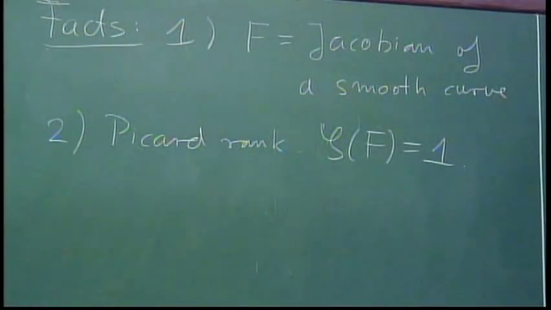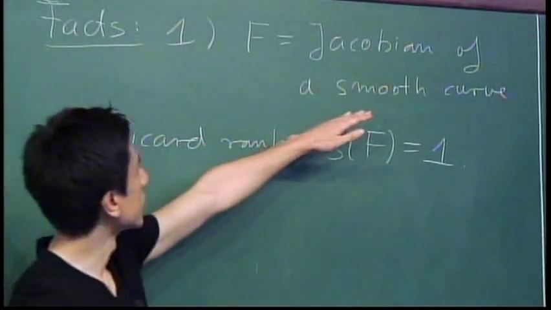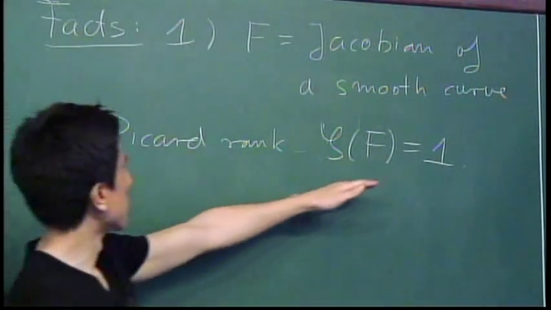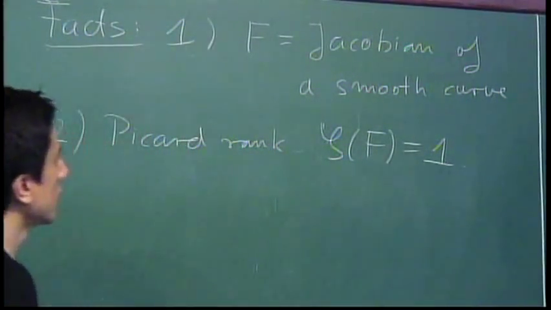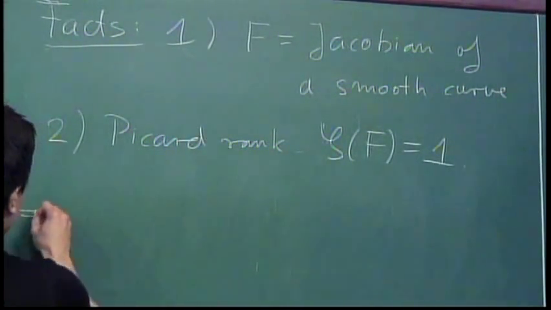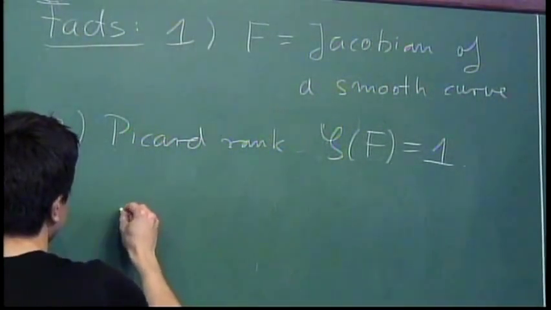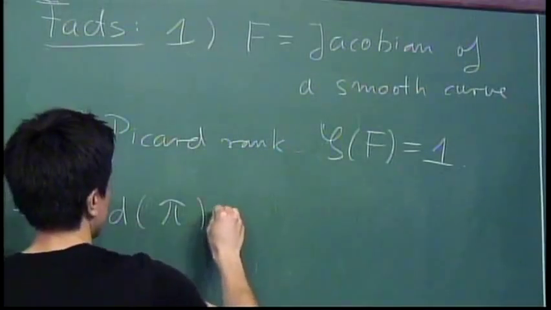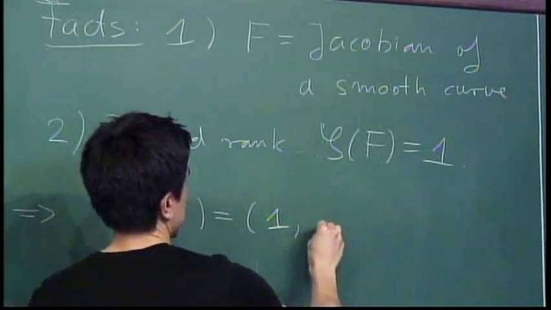So now we know from the general theory that on such a Jacobian of a smooth curve, we have a principal polarization, and the Picard rank is 1. So with the special Kähler class, we hit exactly this principal polarization. So these facts imply that the polarization type of every Mukai system is principal.